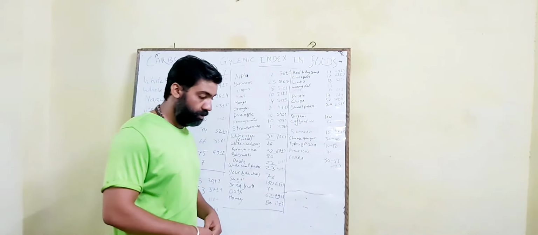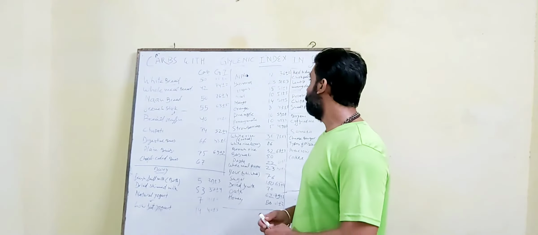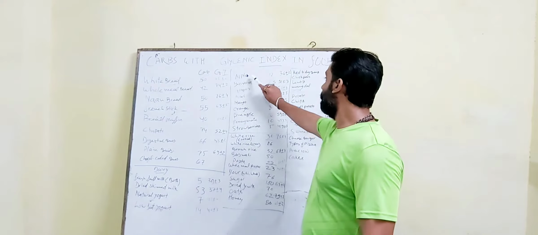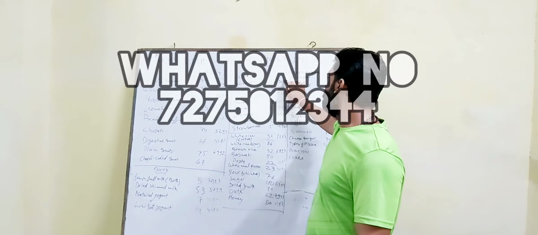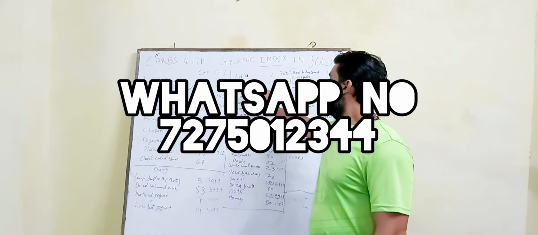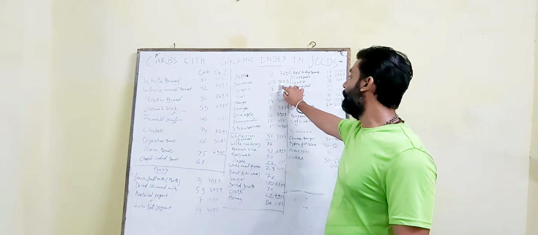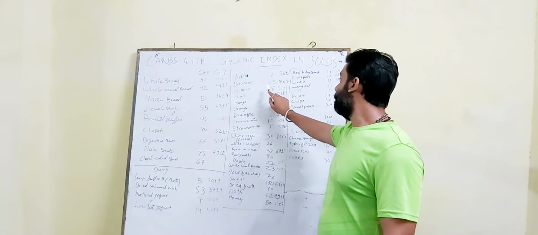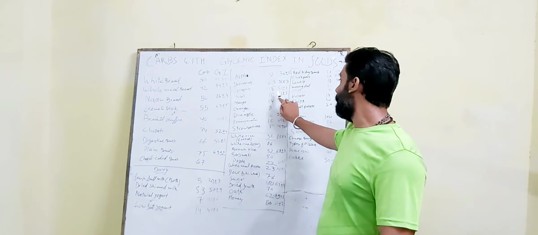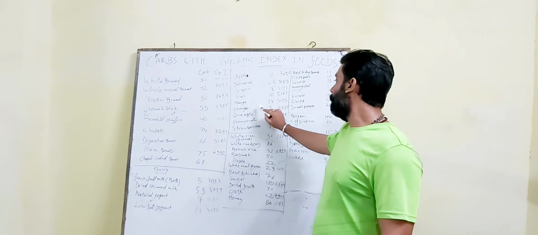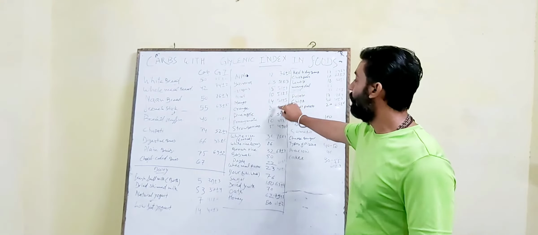Now let's look at some fruits. Apple has 12 grams of carbs and a GI value of 36. Banana 23 and 51. Grapes 15 and 51. Kiwi has 10 grams of carbs and a GI value of 51. Mango 14 and 51.